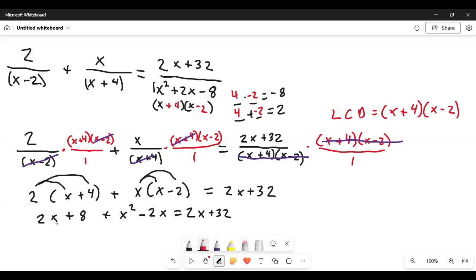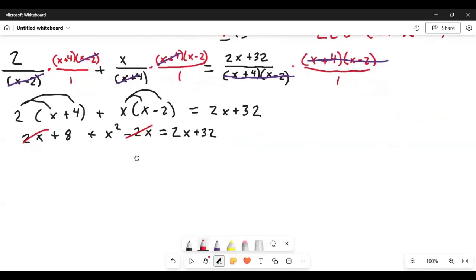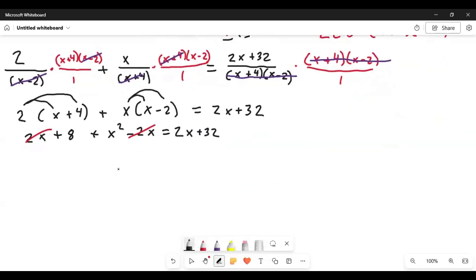To combine like terms, notice that on the left side of the equal sign, 2x minus 2x completely cancels, giving you 0x. That doesn't always happen. It's just kind of a coincidence that it happened in this particular problem. So that means we really have x squared plus 8 equals 2x plus 32.